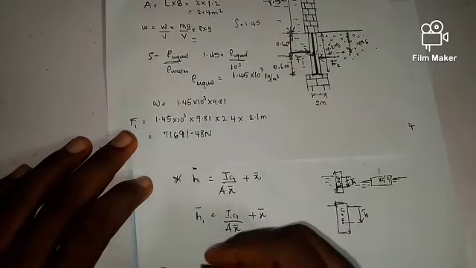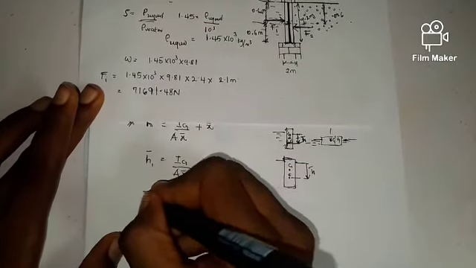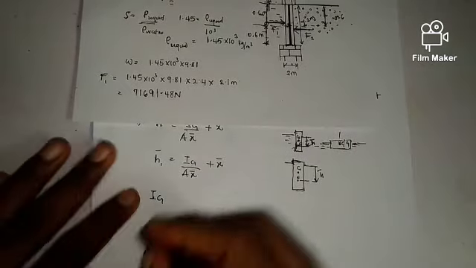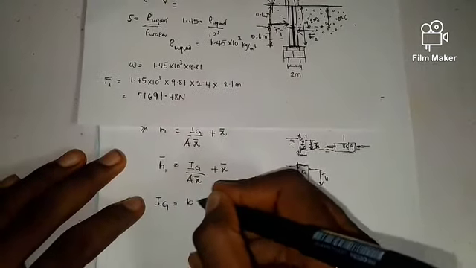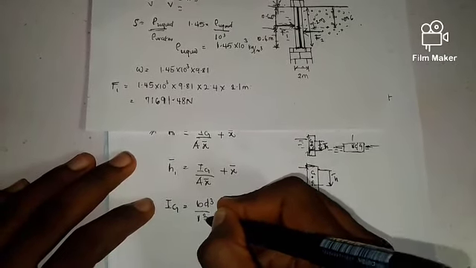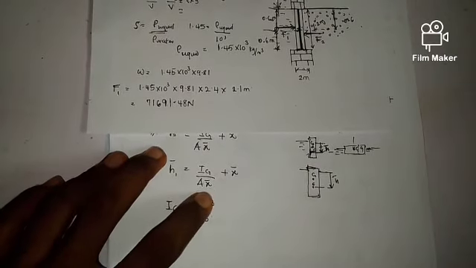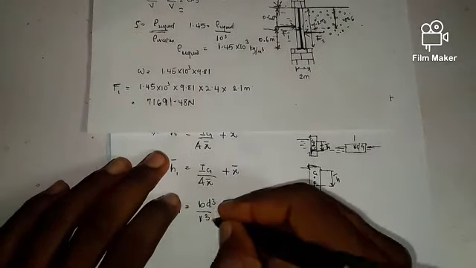So my Ig is the moment of inertia about center of gravity. Now, moment of inertia of a rectangular gate or a rectangular body is equal to BD cubed divided by 12. This is the breadth or the width, then this is the depth.